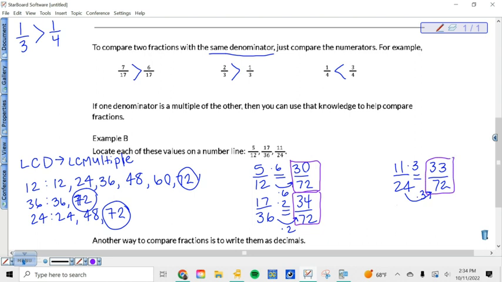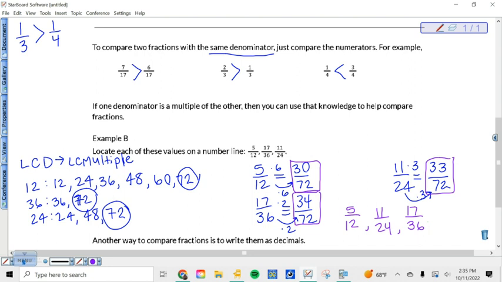What's the smallest one? 30 over 72, or 5 over 12. And then what's next? 33 over 72, 11 over 24. And then last? Perfect.